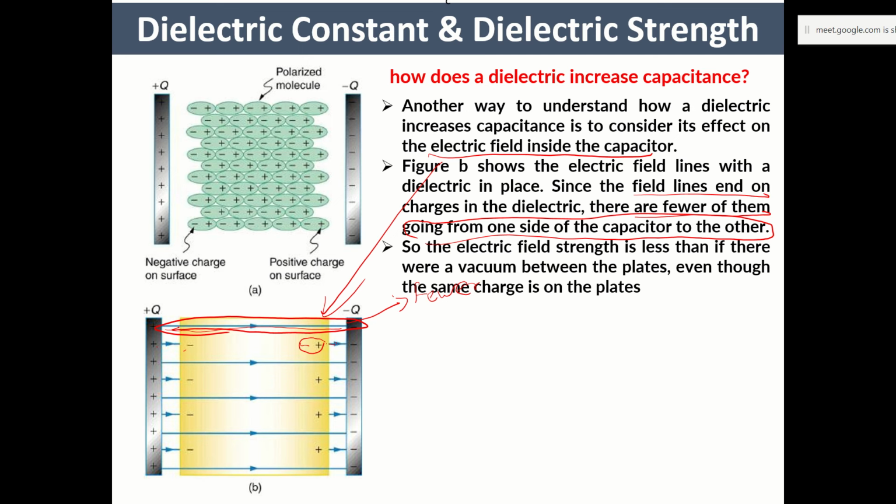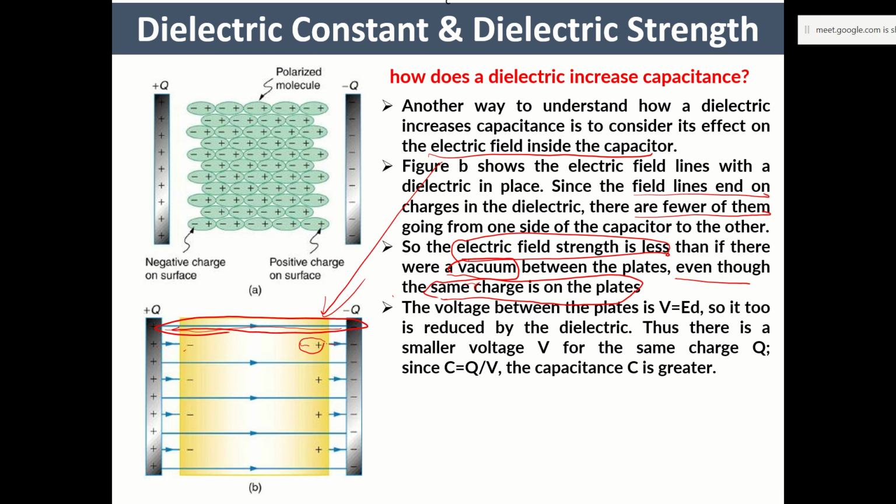So the electric field strength is less now as compared to the case of a vacuum. If there were only vacuum between the plates, as compared to that situation, the electric field strength is reduced between the plates, even with the same charge on the plates. So the voltage that will develop will be E into D. So even with low voltage, what is the advantage?